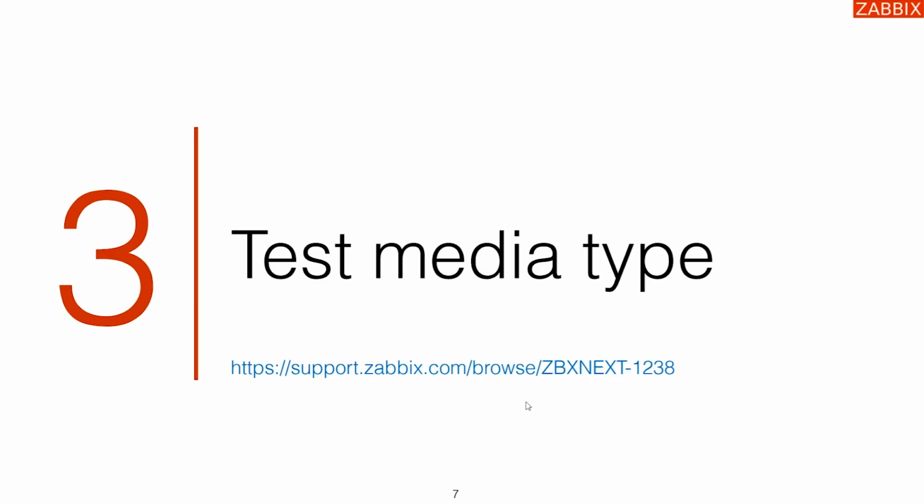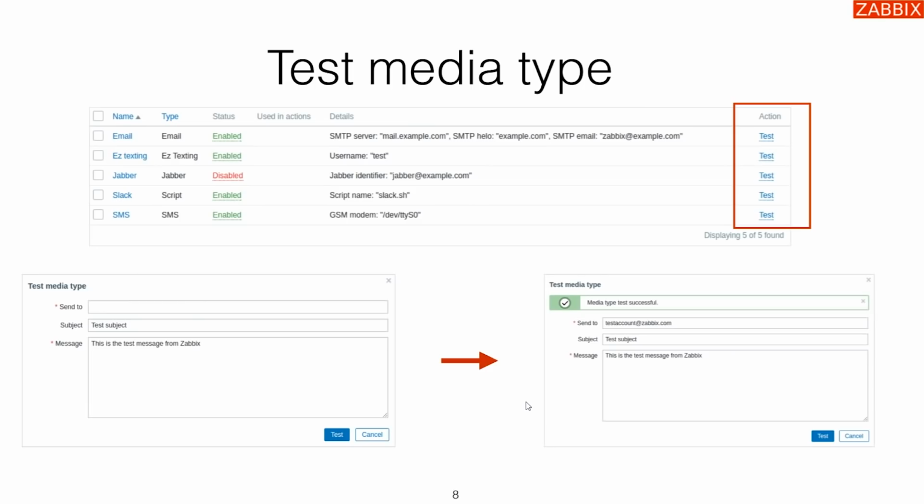Next one, test media type. All of the tests will be handled inside the frontend. How many times have you configured something, a media type in this case, be it email or something else, and you are not sure: is it working? Have I configured everything properly?